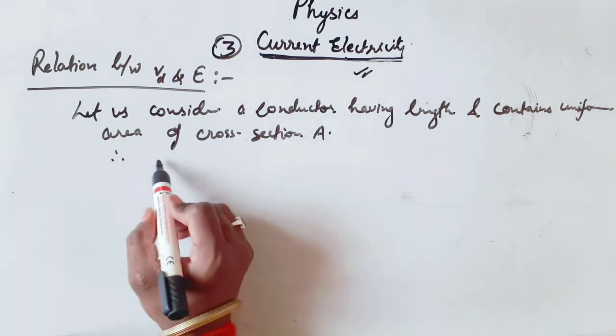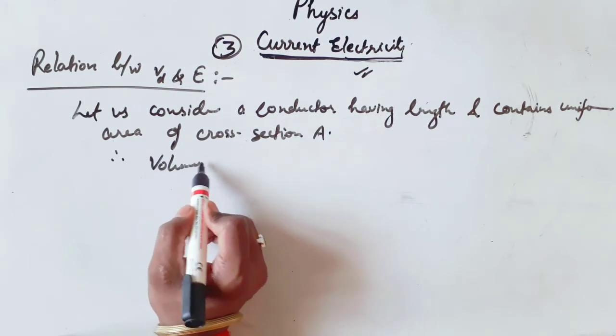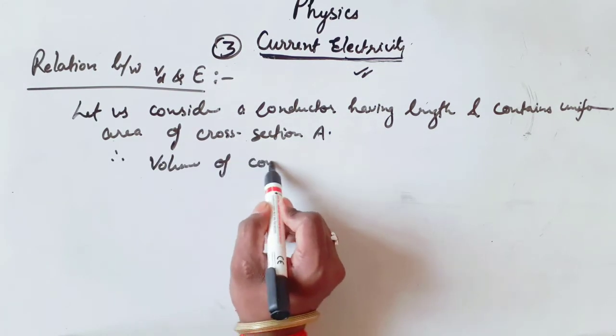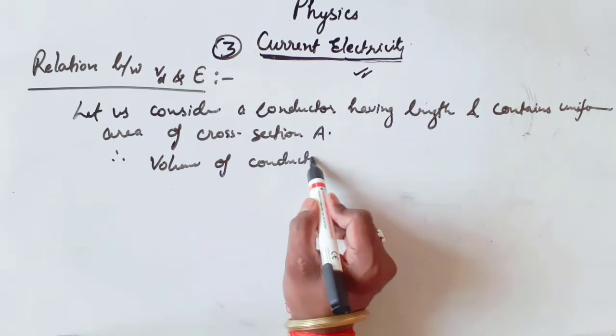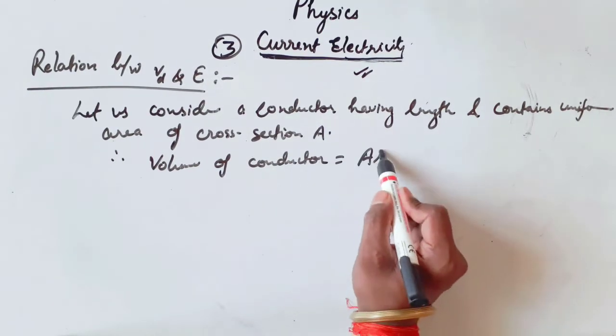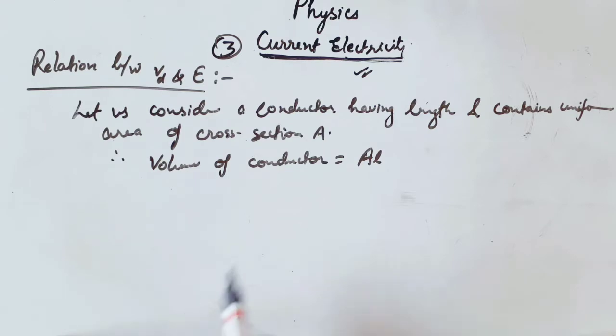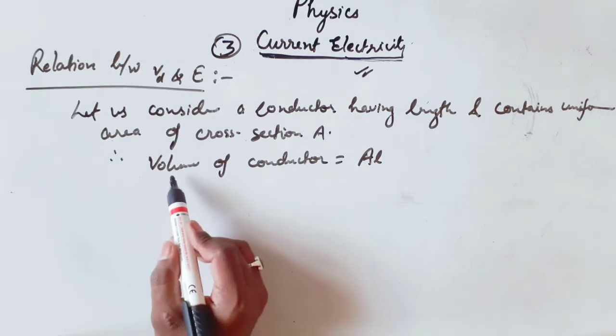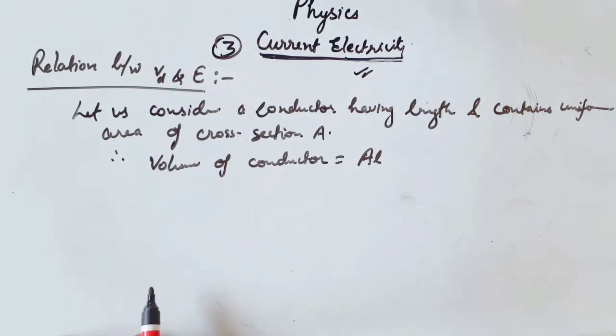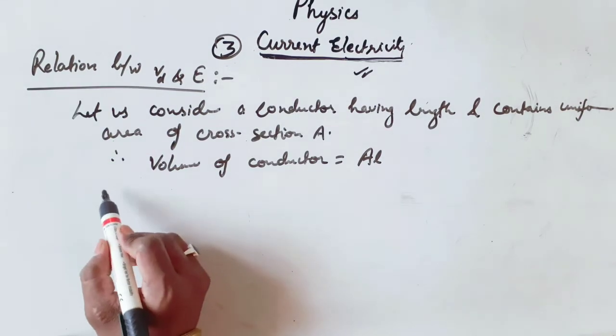Therefore, the volume of the conductor will be equal to A into L. As you know, area into length is always equal to volume.